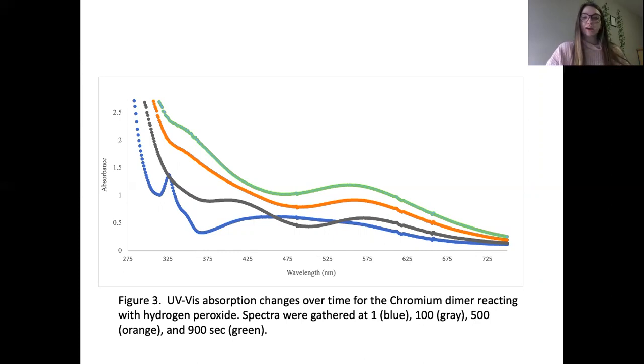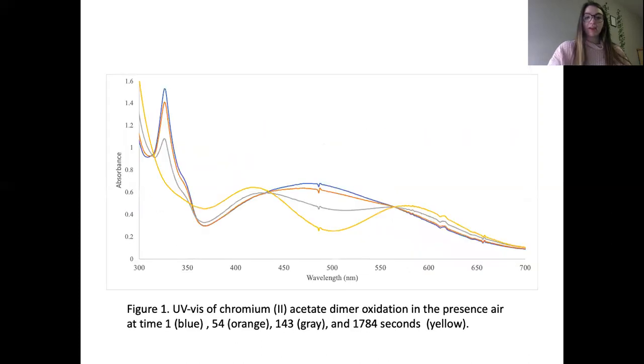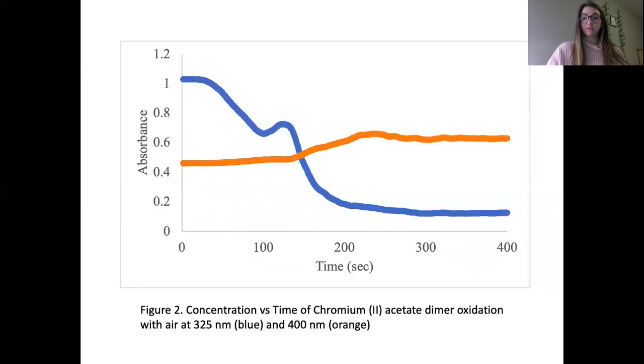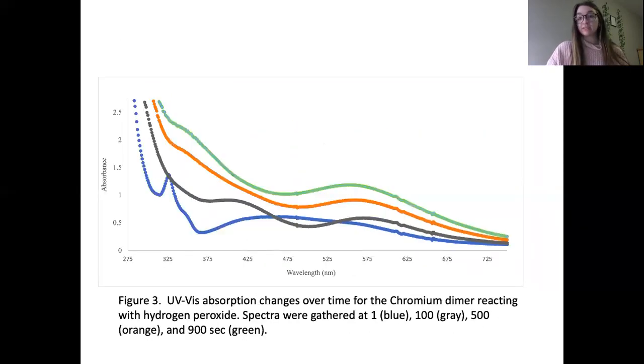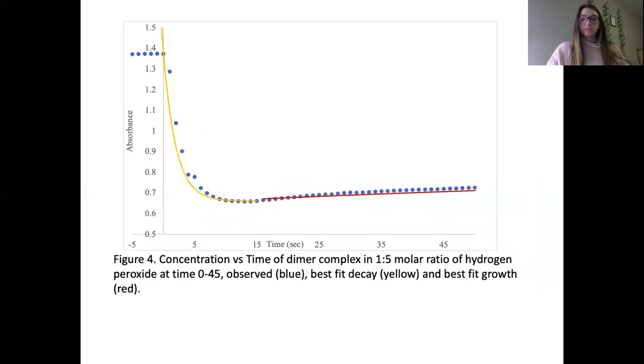So instead of, like we saw with air, 1 second having the highest absorbance at 325 nanometers, we are seeing this overall increase in the absorbance. And so we have two reactions occurring here, so we wanted to create a model function for this.